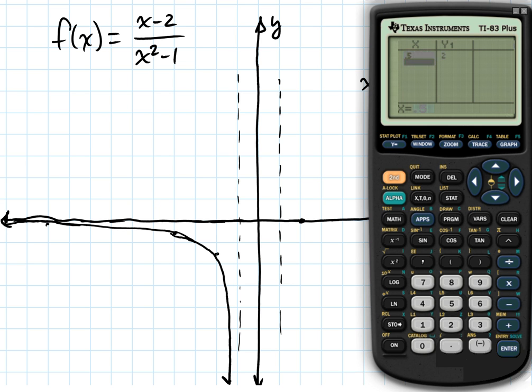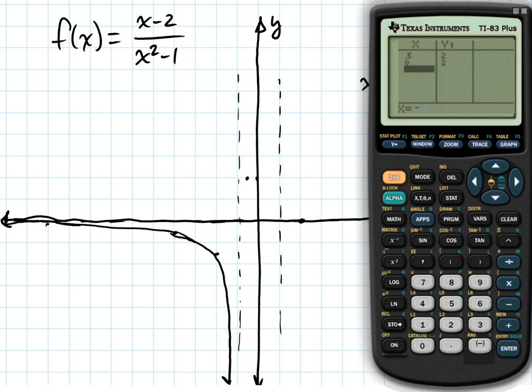Really? Huh. And then at 0, it is at 2 also. That's interesting. Now what is it at negative 0.25?